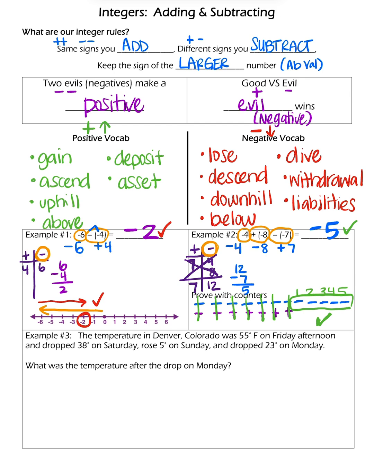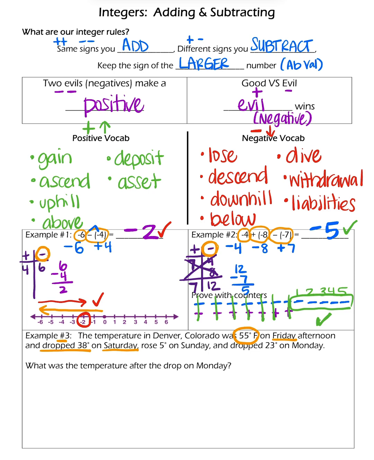Our last example is a word problem. So let's look at our word problem. It says the temperature in Denver, Colorado was 55 degrees on Friday. And it dropped 38 degrees. So dropped is going to be a negative vocabulary word on Saturday.